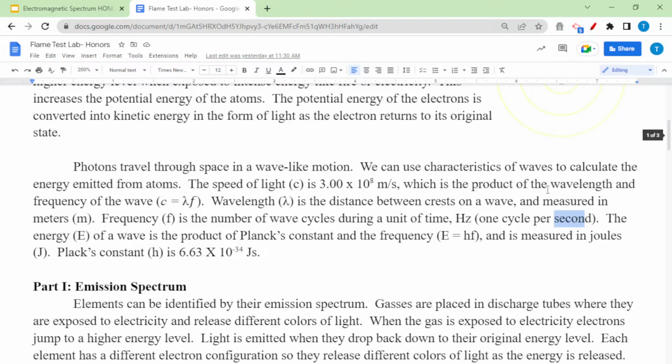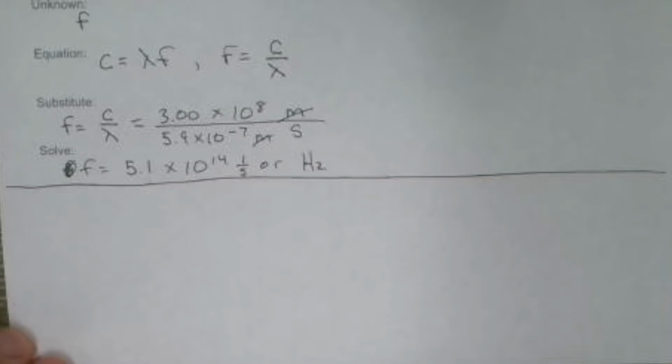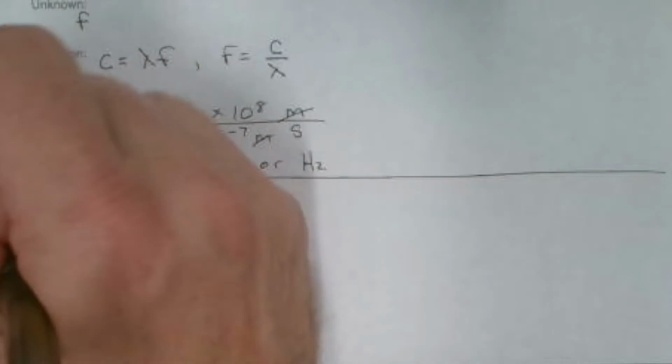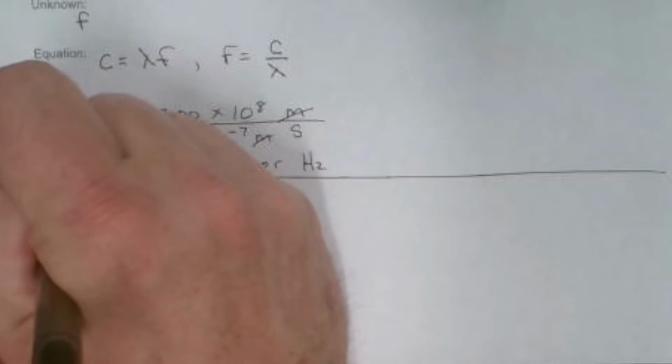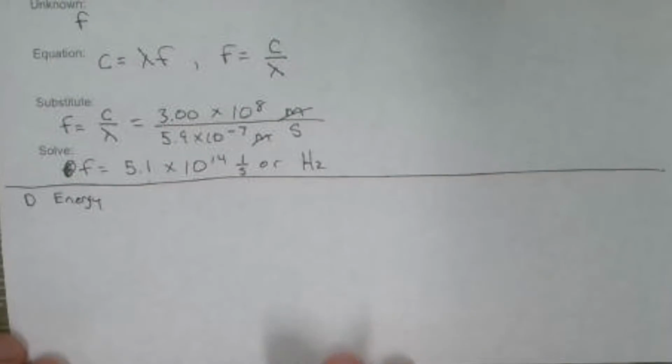Now the next part of this is we're going to calculate the energy. So the energy is equal to Planck's constant times frequency. Now for the rest of the lab, when we calculate the energy, and actually for the other examples that you do, after this part right here, you don't have to use the GUESS method.